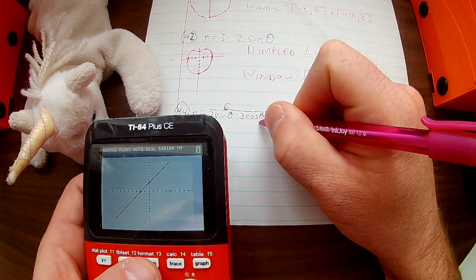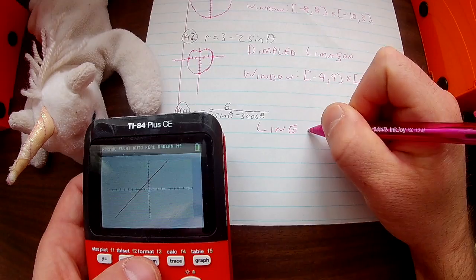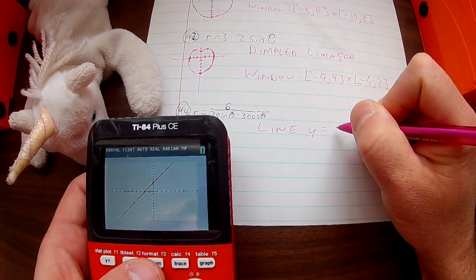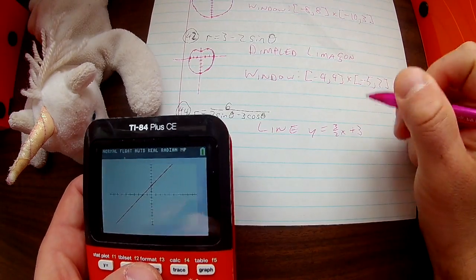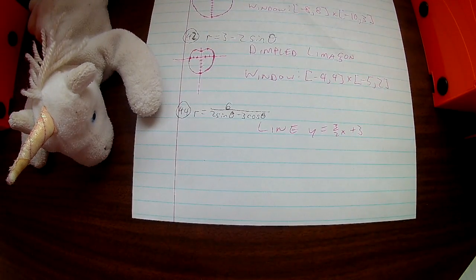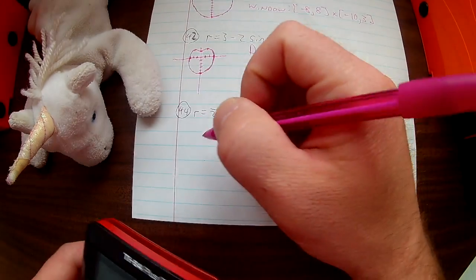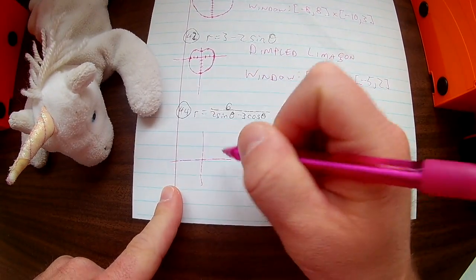This is just the line. y equals 3/2 x plus 3, right? Am I wrong in this? I mean, that couldn't be that simple, right? Yeah, okay. Cool.